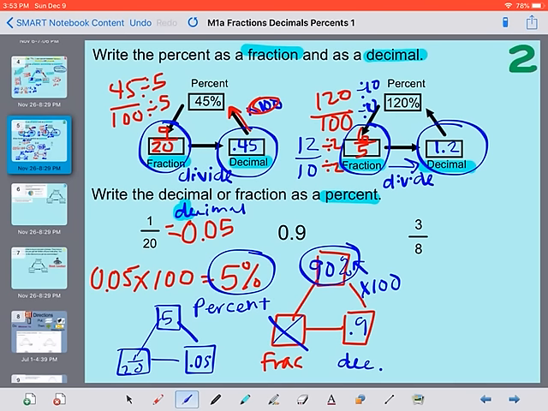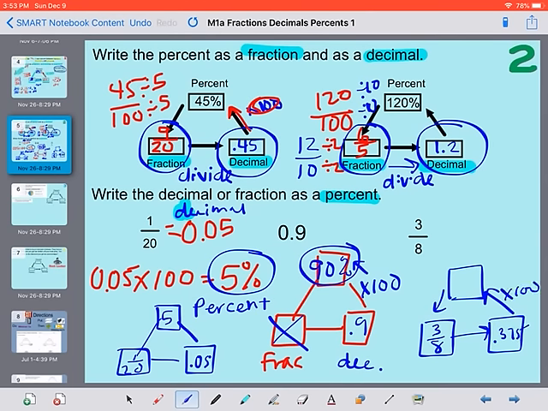Last one, we are starting as a fraction, so you can either just do what you know, converting a fraction to a decimal to a percent, or you can use your little triangles and boxes to help you go from one to the next. So 3/8, just divide. 3 divided by 8 gives me 0.375, and then times 100 to get to a percent.